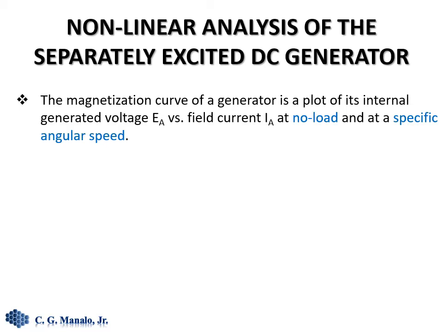The magnetization curves that we used in our examples is a plot of the internally generated voltage and the field current at no load and at a specific angular speed.